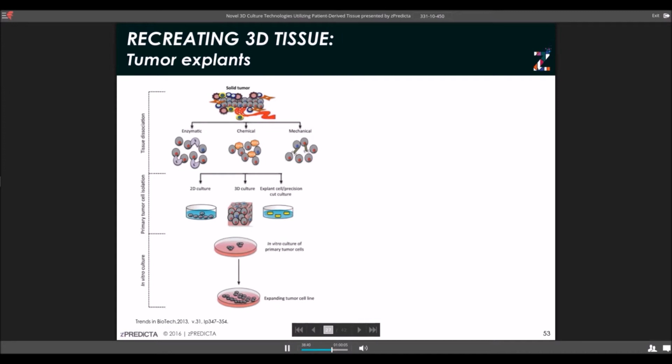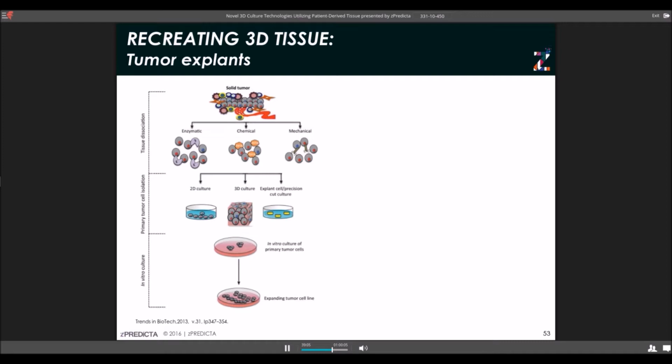Now, another model that's being used for a more comprehensive reconstruction of the environment is the tumor explant model. In this system, what you do is you take a piece of tumor tissue and dissociate it, usually using mechanical means. It's usually just cutting small pieces, but chemical and enzymatic dissociation has been done as well to loosen up the tissue.